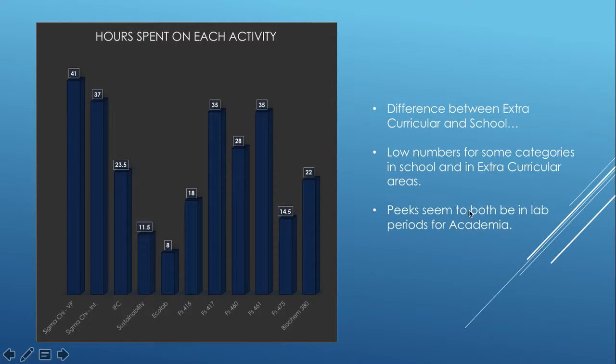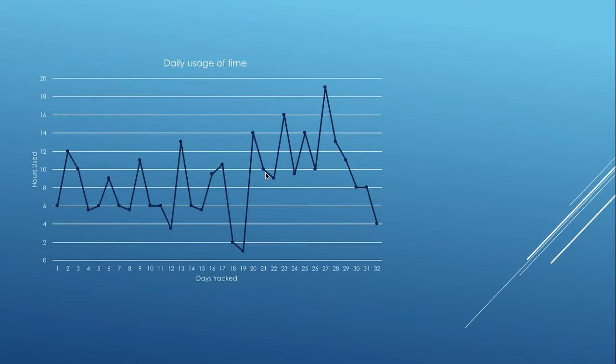The peaks for some of these tend to be in lab periods for academia. So the 417 class and the 461 class are both lab periods, so it's saying basically most of the things that I have to do are lab reports and working with lab gear. So that's what that's saying, I guess.